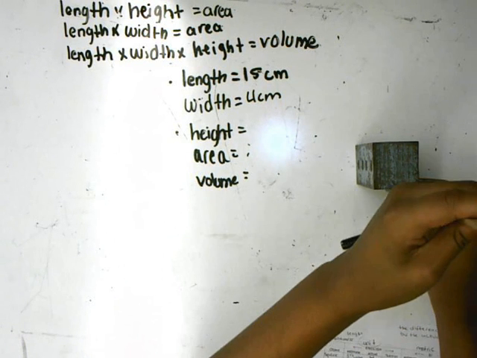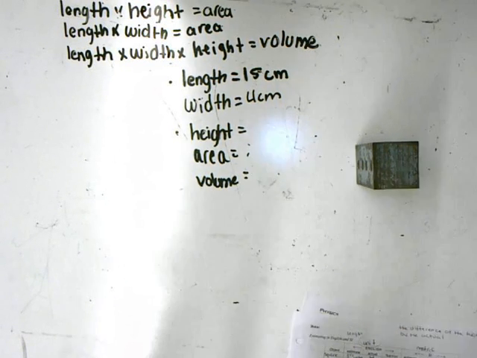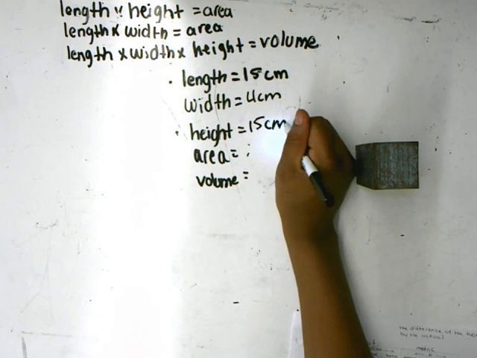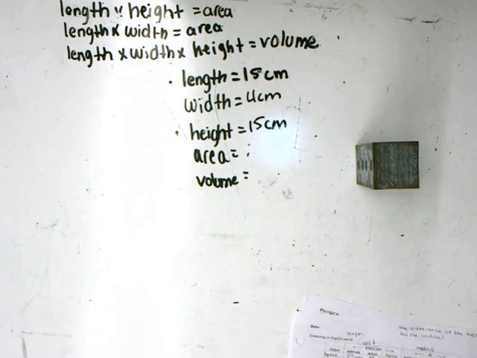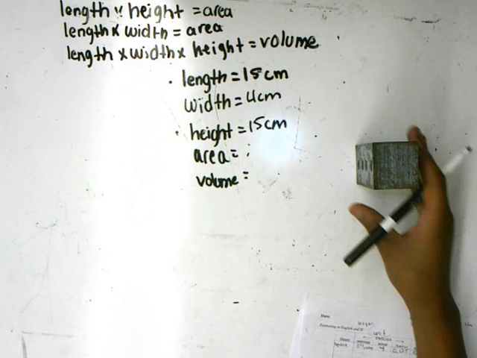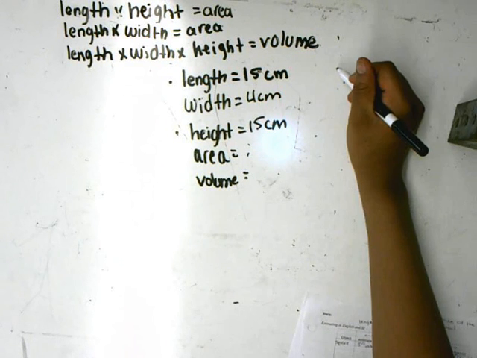So in order to find the actual area of the object, I'm going to do this. I'm going to do 15 times 15, which is the length times the height.